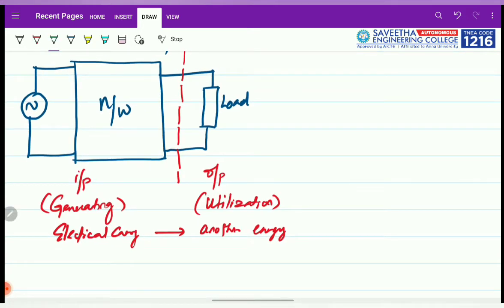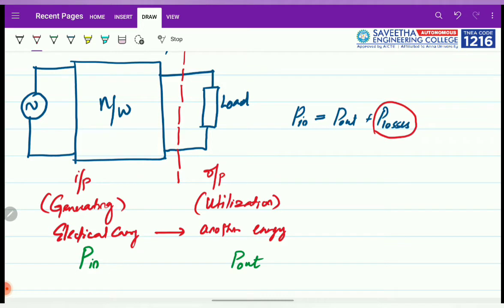So the power which is measured here is taken as P in, and the power which is obtained here is P out, the output power. The input power is electrical power, and the output power is some other form. By the equation of energy transfer, the input power will be equal to the output power plus the losses. These losses are caused by the energy transfer and cannot practically be zero.